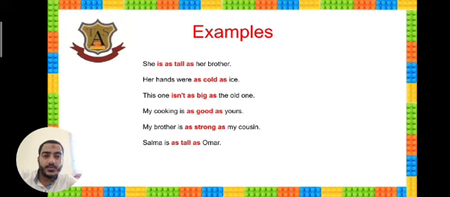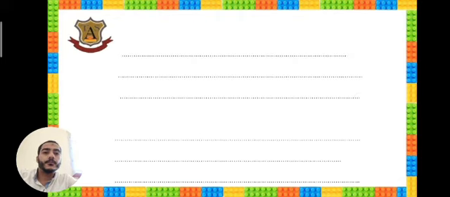Salma is as tall as Omar. Okay, don't forget the verb to be after the first object. Salma is as tall as Omar. Okay. Next. These are the exercises.